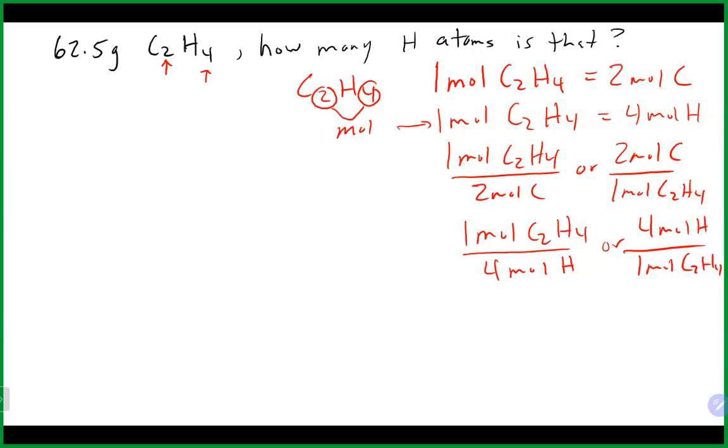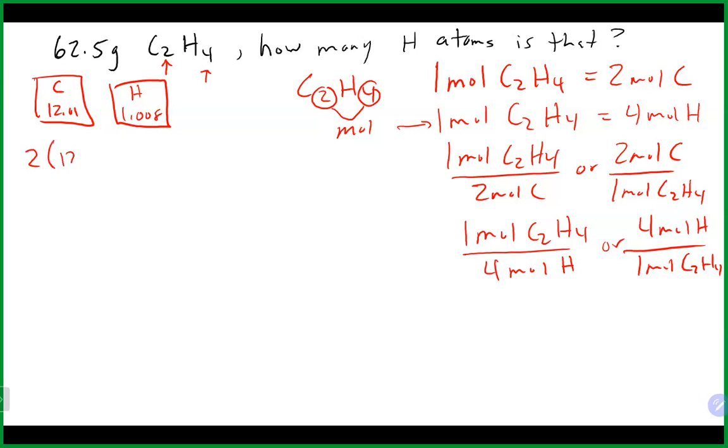So we are going to start kind of like normal here. We got grams and really we want to take it to moles. So to do that, we would need to go to the periodic table and get the molar mass of this particular compound. If we went to the periodic table, we would see carbon is 12.01 and hydrogen is 1.008. So just like before, we're just going to add up all the parts.